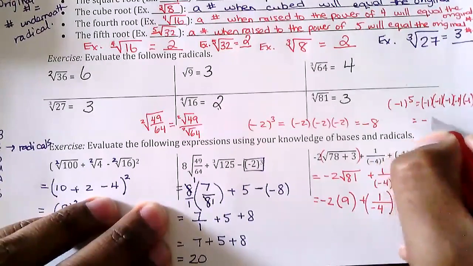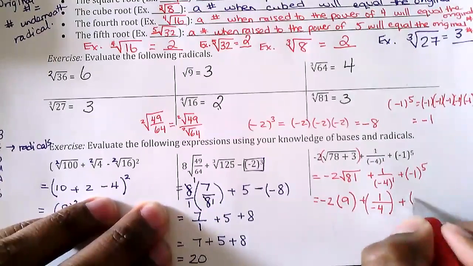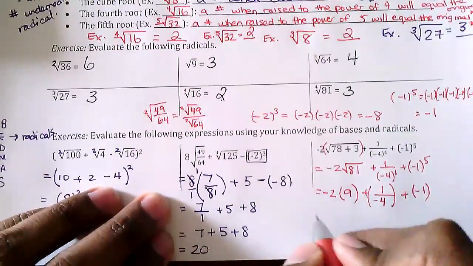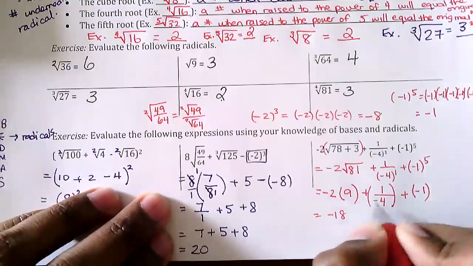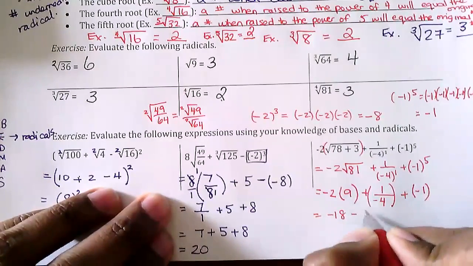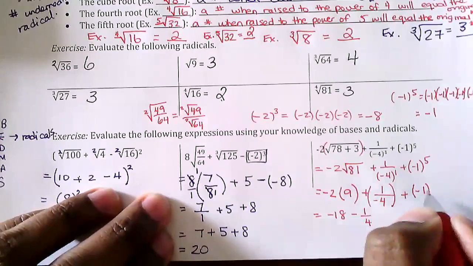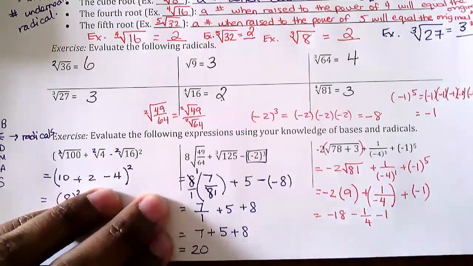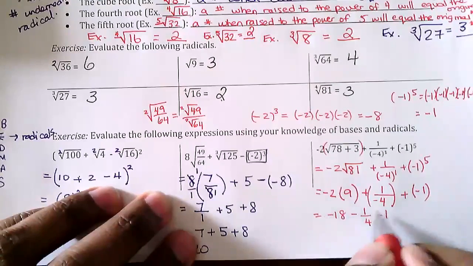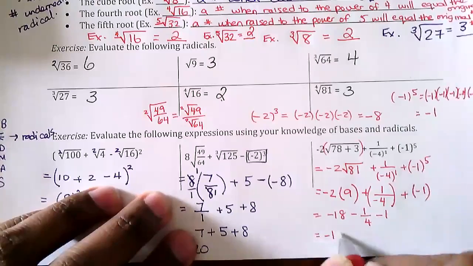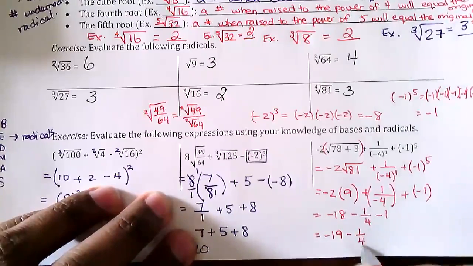And that should just give you -1. So plus -1. I can simplify this. I have -2 times 9 is -18. I have a plus and a minus, so -1 over 4. And here I have -1. I can keep going. I can collect this term and this term. So I'm left with -19 minus 1 over 4.